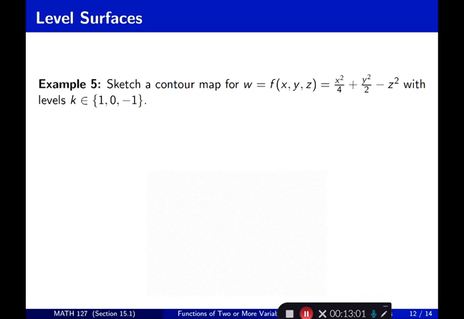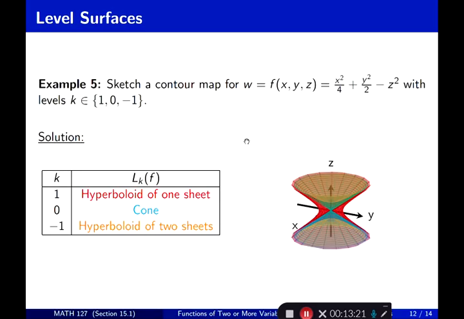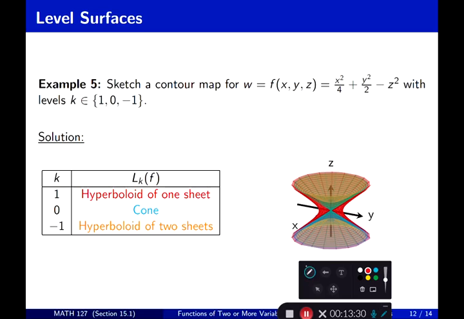Example 5, sketch a contour map for W equal to f of x, y, z, where f of x, y, z equals x squared over 4 plus y squared divided by 2 minus z squared, with levels k belonging to 1, 0, and -1. So first let's plug in 1. Then the level surface is going to be x squared divided by 4 plus y squared divided by 2 minus z squared equal to 1.